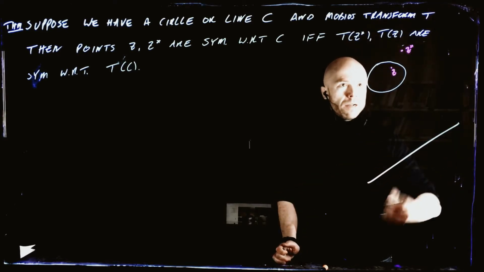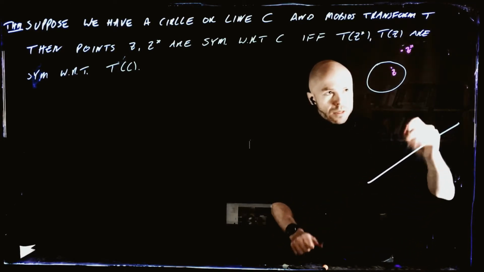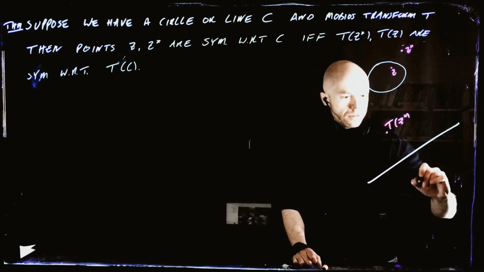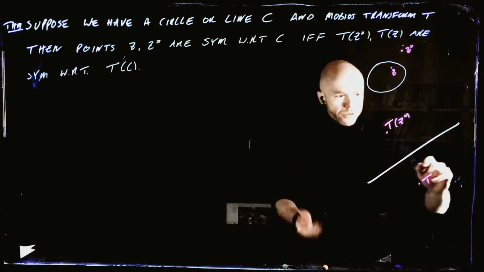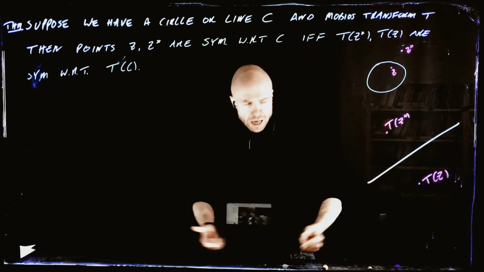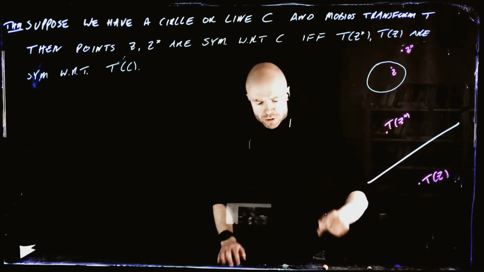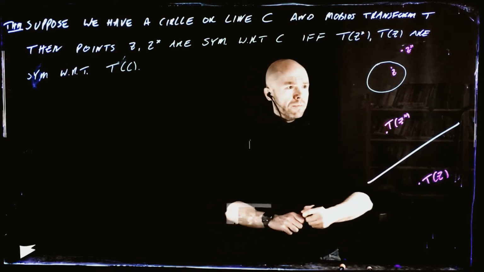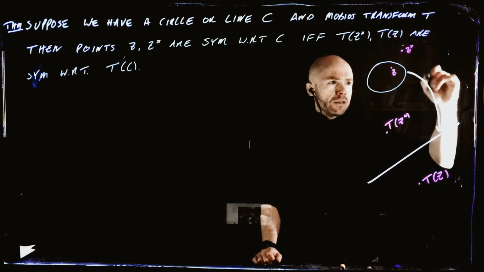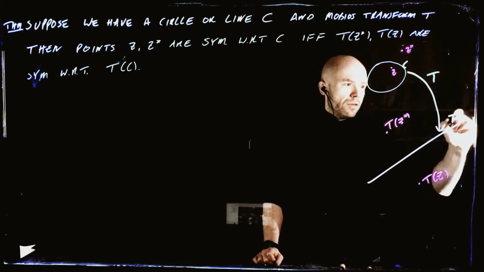Let's say, for example, it's now a line, and the symmetry relation you get is preserved. So whatever symmetries there are in your original world, after you transform it with your Mobius transform, even though lines can be circles and circles can be lines, or lines can be different lines, whatever rearrangement of the world you have, the symmetry relations are preserved, which is a pretty extraordinary thing, but this subject is full of extraordinary things. So this is C and this is T of C.